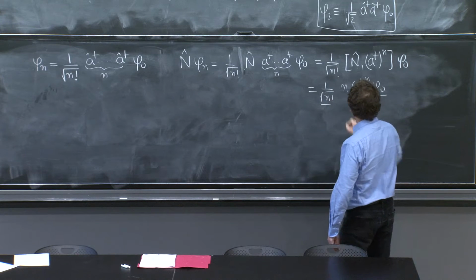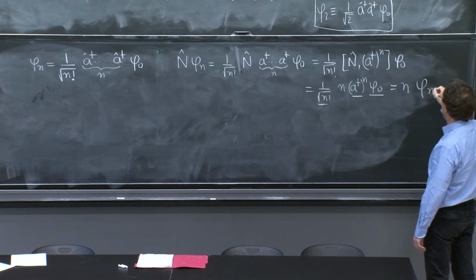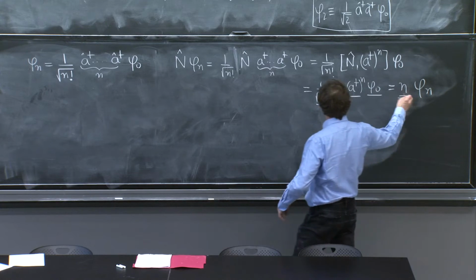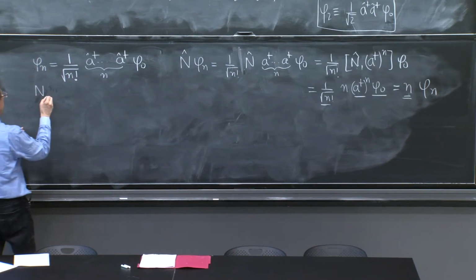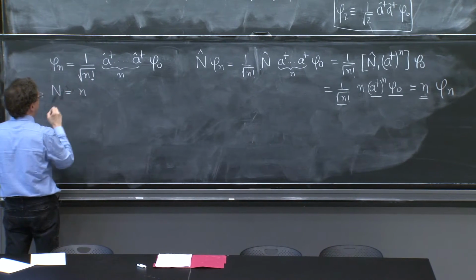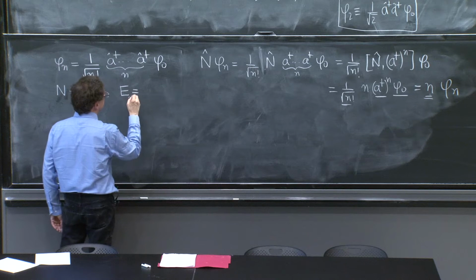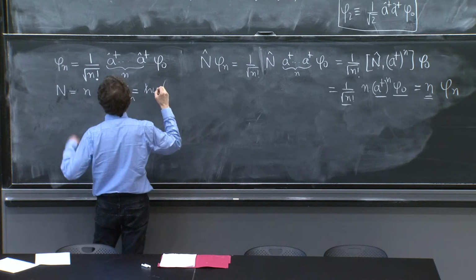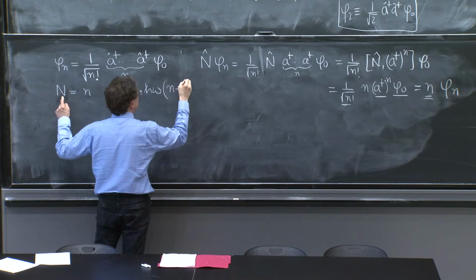So between these three factors, you're still getting n phi n. So the number for this state is little n. It is an energy eigenstate. The N eigenvalue is little n. And the energy is h bar omega, the eigenvalue of N hat, which is little n plus 1/2.